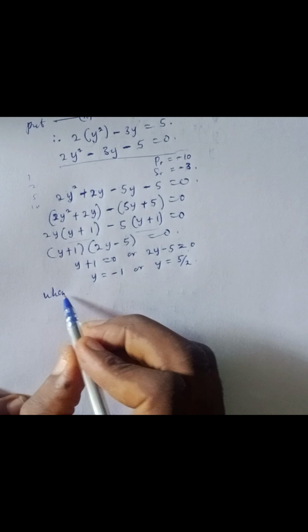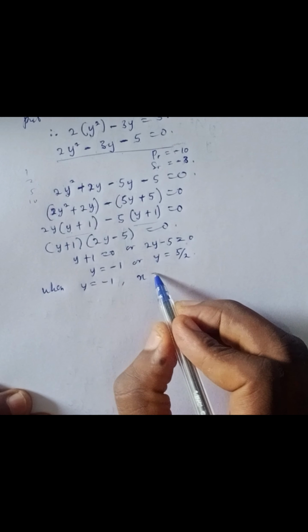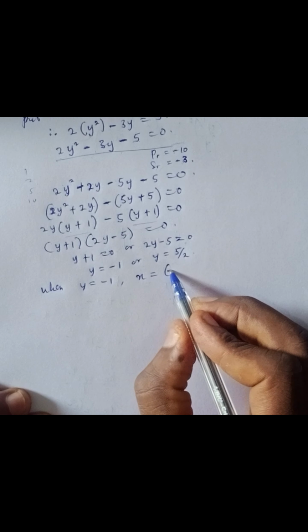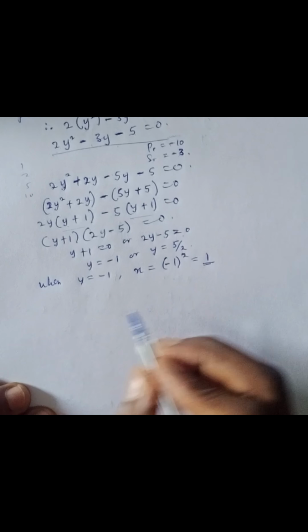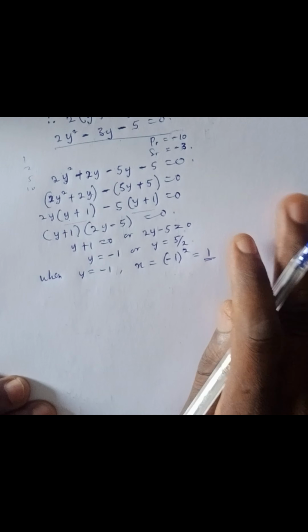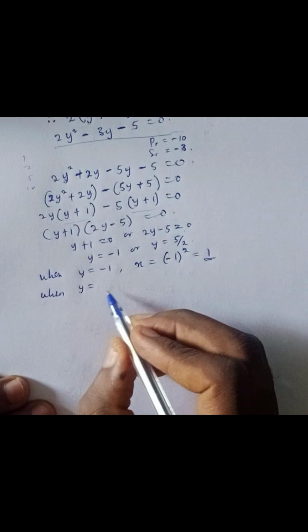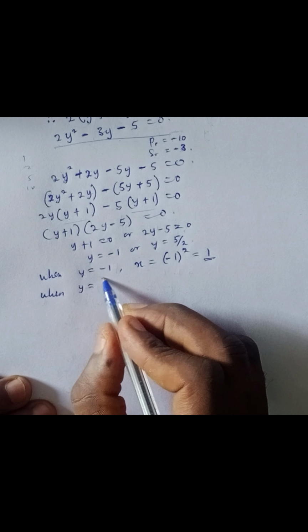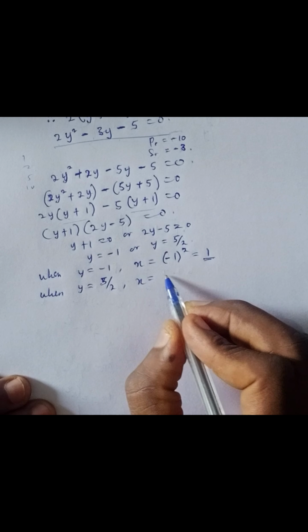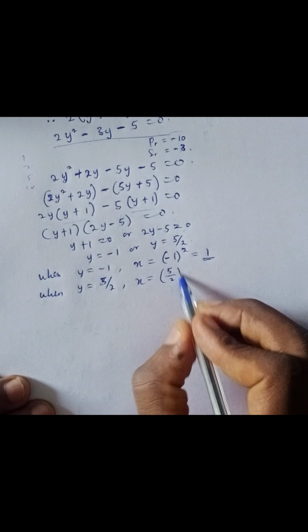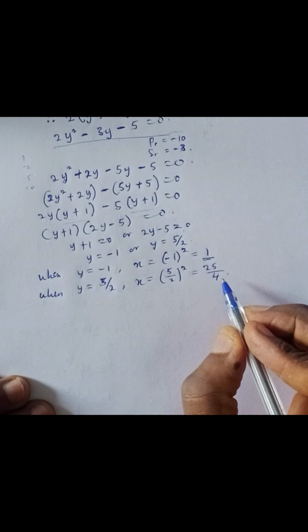Now when y equals minus 1, our x will be equal to y squared, right? That will be minus 1 all squared, which is equal to 1. Now when y is equal to 5 over 2, our x will be 5 over 2 all squared, which is equal to 25 over 4.